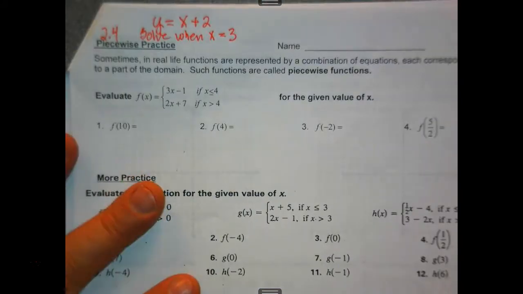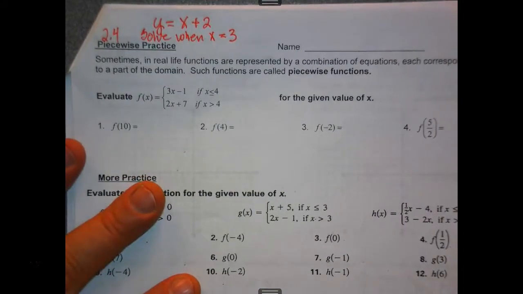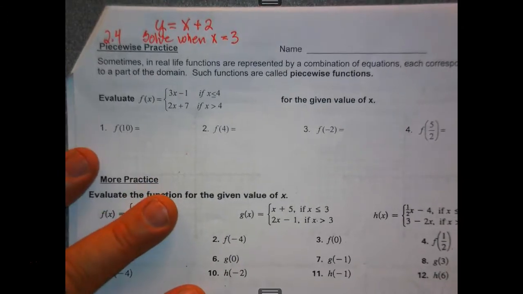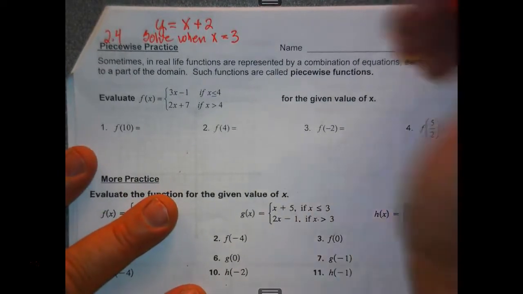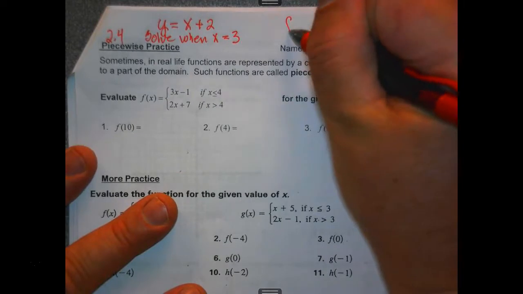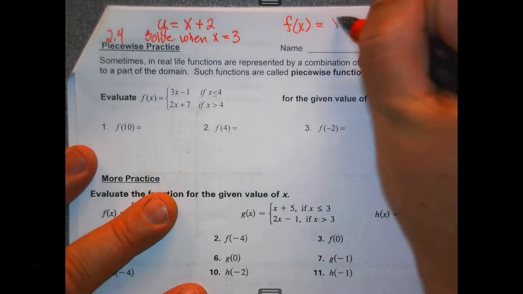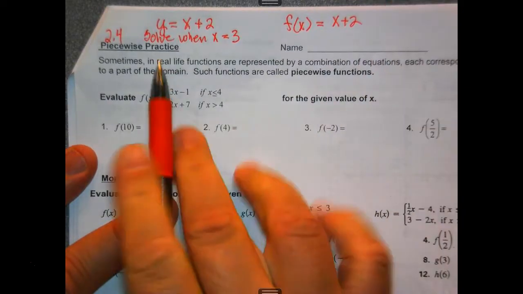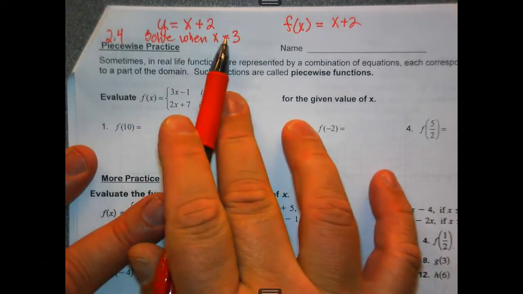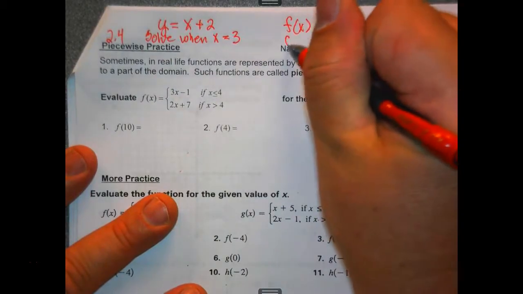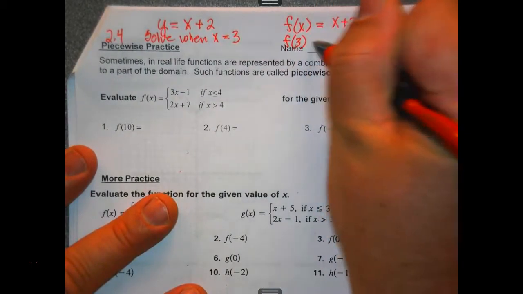Well, we mathematicians really hate to write anything out because we suck at English. So we replace the y with f of x. And instead of writing out solve when x is 3, we would just put what's the f of 3.